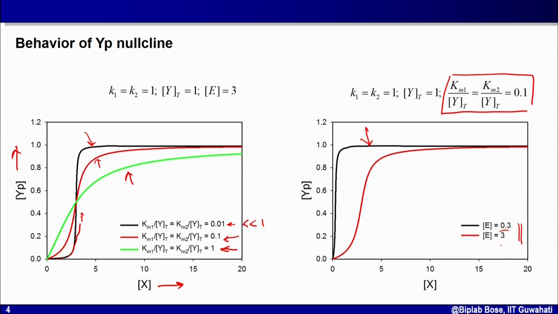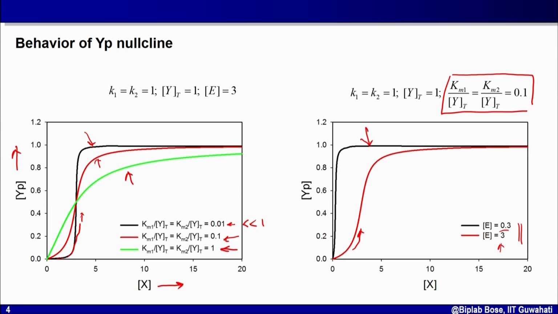Whereas when E is bigger, 3, I get a smooth sigmoid behavior, and the curve shifts towards the right-hand side. So you can see the yp nullcline will have a sigmoidal to hyperbolic behavior depending upon the ratio of the Km's with the total amount of y present in the system, and also depending upon how much phosphatase you have in the system.